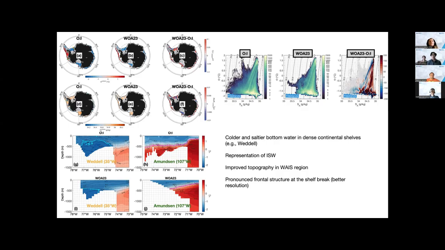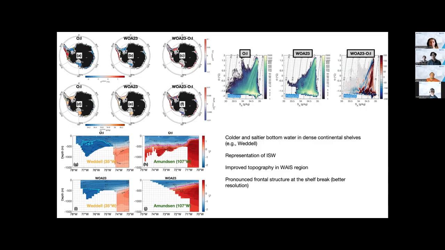It is more pronounced in the TS plot on the top left, where our climatology captures this signature of the ice shelf water, and we have more counts along the freezing line, which is a signature of the water masses associated with sea ice formation.